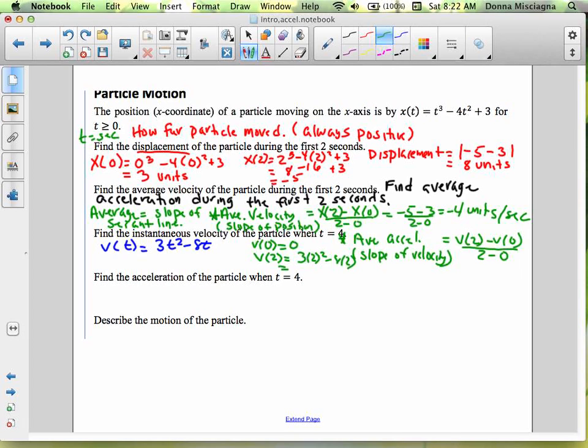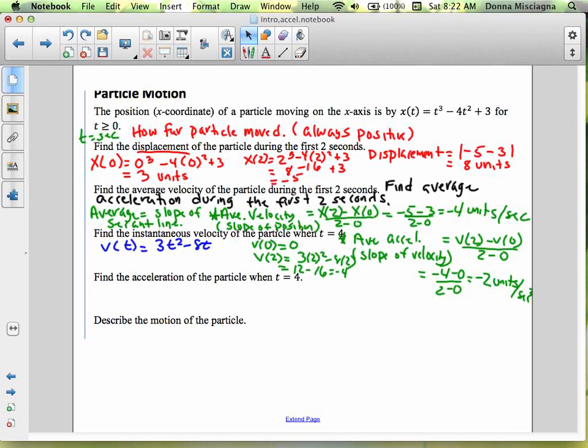That would be 12 minus 16, so that's negative 4. So our average acceleration is negative 4 minus 0 divided by 2 minus 0, which is negative 2 units per second squared.